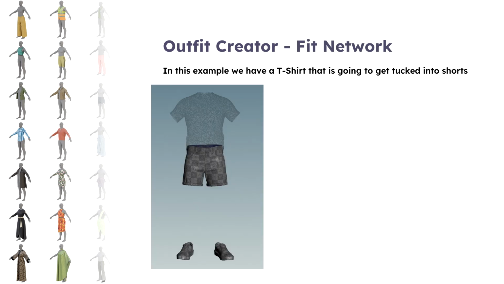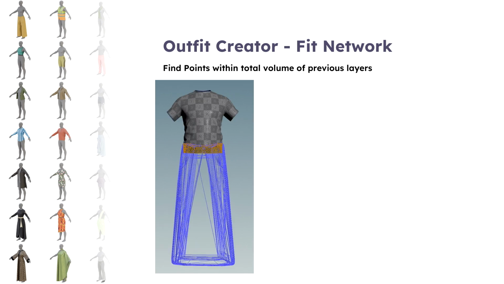In this example, we've got a t-shirt that needs to get tucked into shorts, and because this is a very expensive operation, we first figure out what area would actually be inside of the shorts, and we do this by simply calculating the total volume of all previous layers and then selecting points within that range.